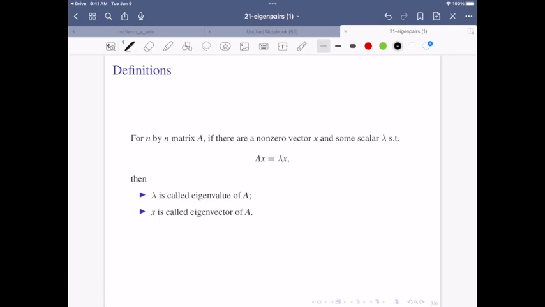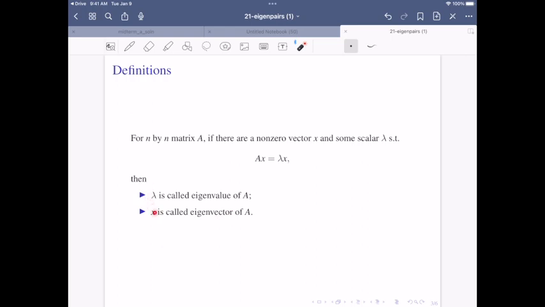So let's first look at the definition of eigenpairs. For an n by n matrix A, if there are a non-zero vector x and some scalar lambda such that they satisfy Ax equals lambda x, then we call lambda the eigenvalue, which is a number, and x is called the eigenvector.